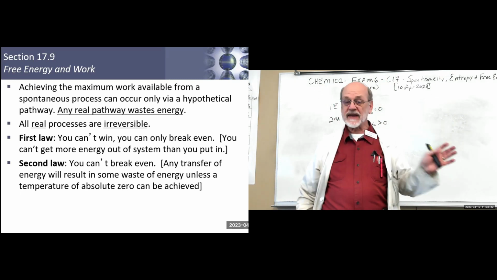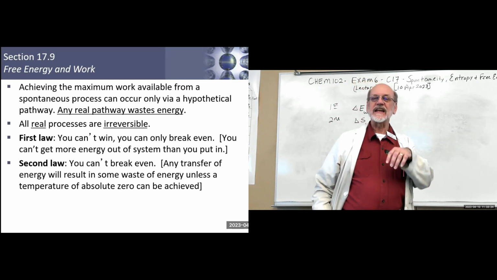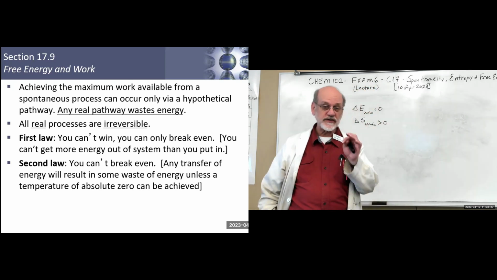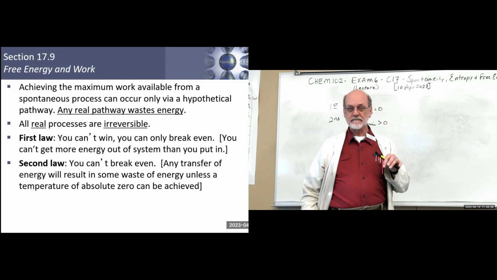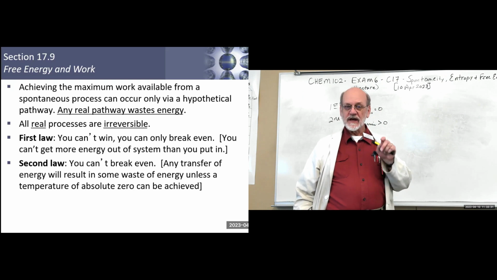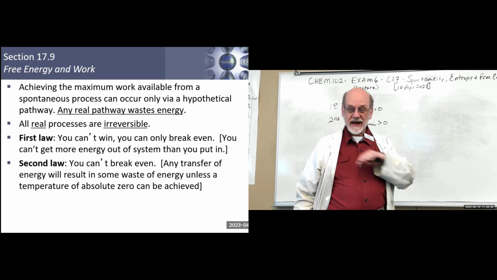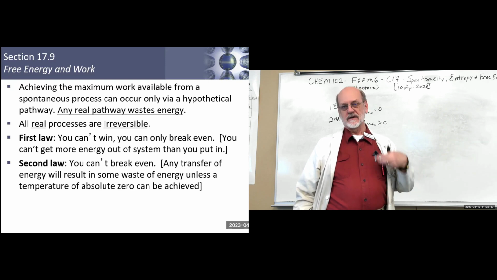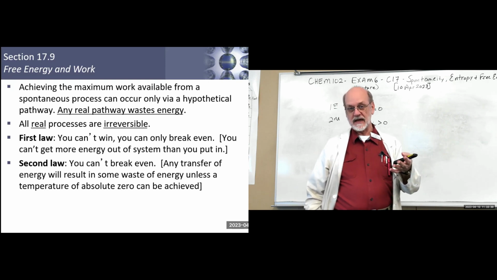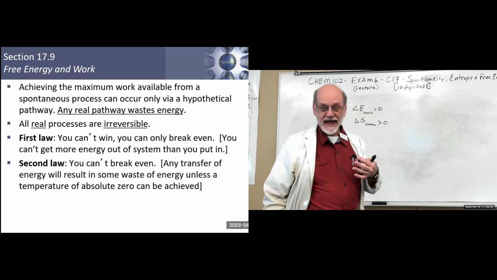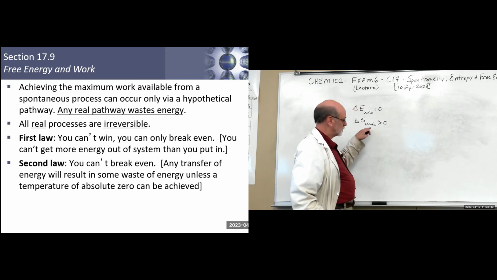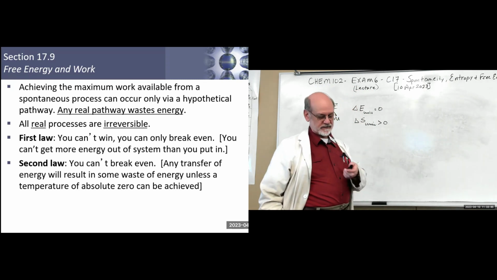Second law says you can't even break even because any transfer of energy will result in some waste unless a temperature of absolute 0 can be achieved. Since we can never get to absolute 0, then we can never break even. We always lose something in the process.